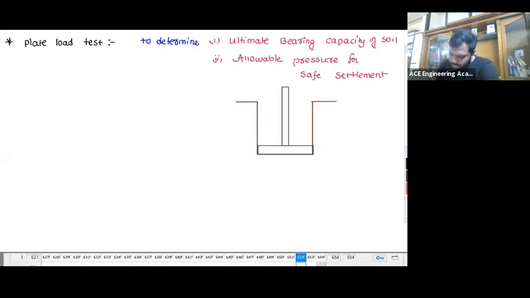This is a foundation or footing whose width is going to be B.